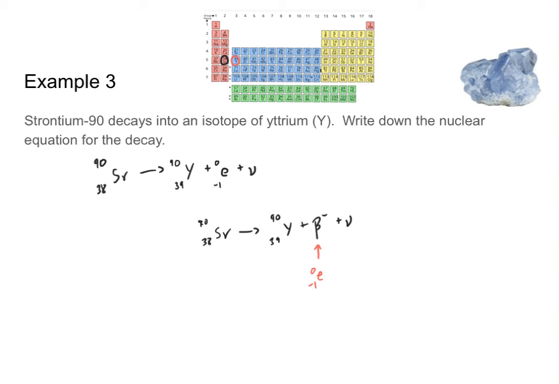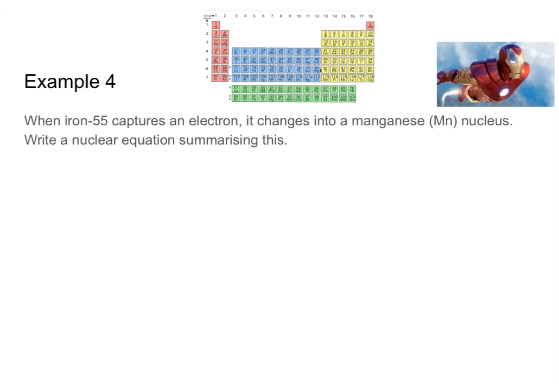So let's go forward to one last example. When iron-55, so here we have iron, Fe, number 26, captures an electron, it changes into manganese, number 25. Write a nuclear equation summarizing this relationship. So we're going to start with iron-55, and iron has an atomic number of 26.